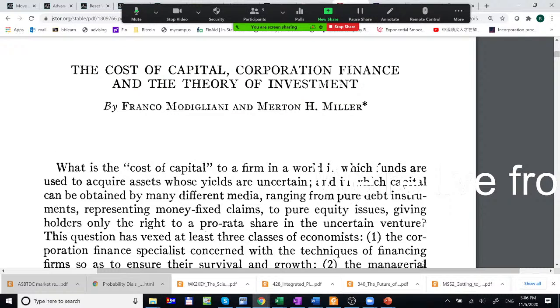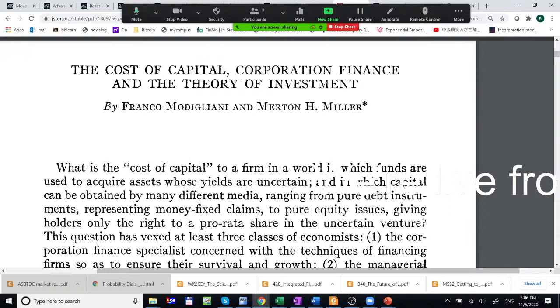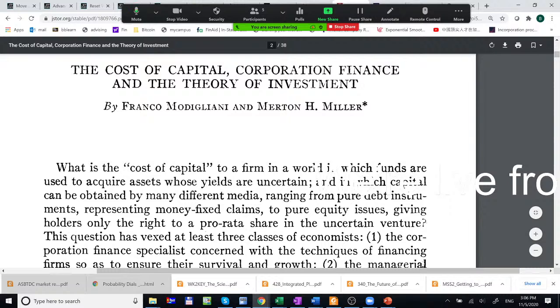If it's certain, it's not a business, right? Business is all about uncertainty, and capital can be obtained by many different media, ranging from pure debt, representing money-fixed claims, to pure equity, giving holders only the right to a pro rata share in the uncertain venture.